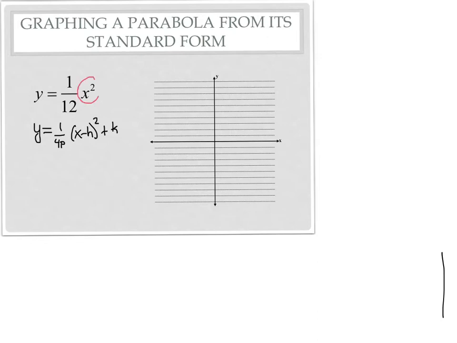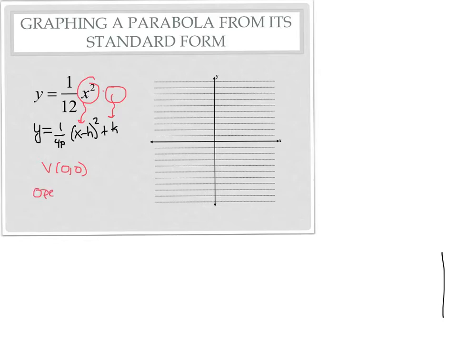So I look at this. There's no shift for x, and there's no k, so I know my vertex is at (0, 0). Okay? So that's one of the things I should identify first and foremost.